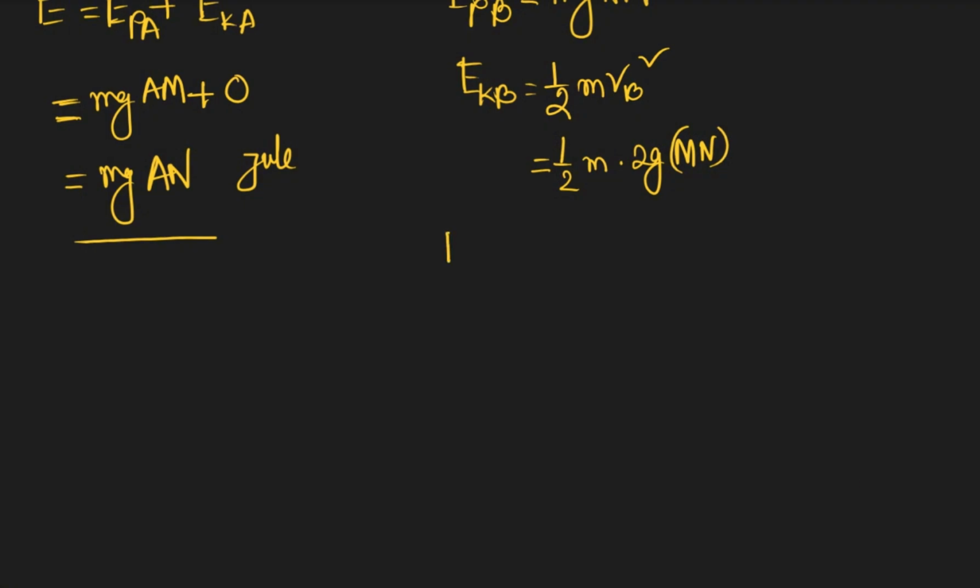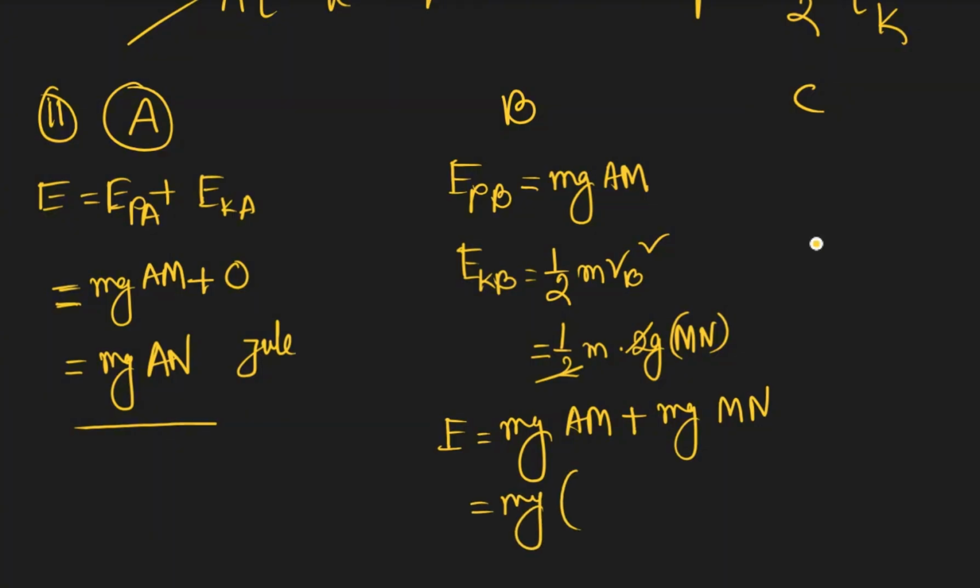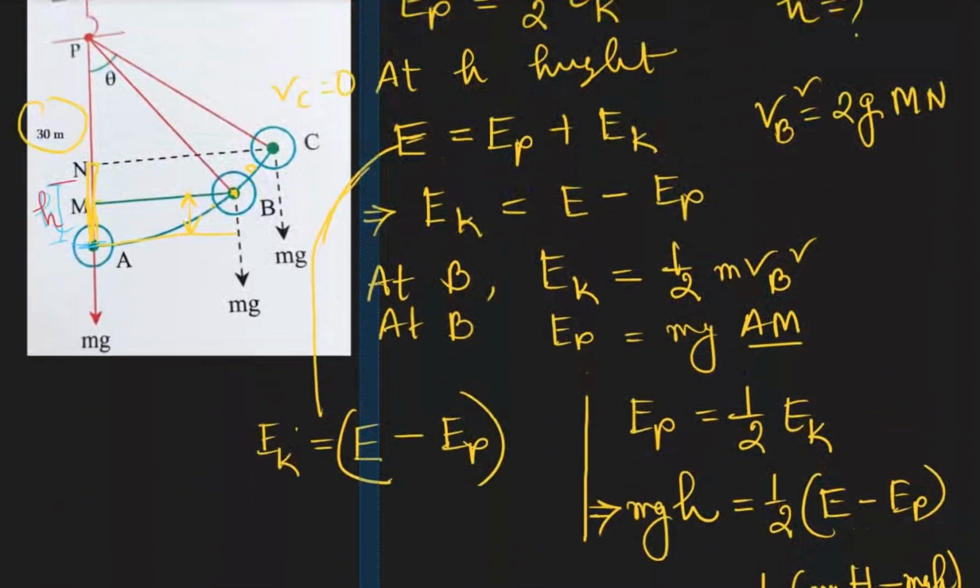Now the total energy at B point is, here we can do one thing, 2 cancels out. So here mg AM plus mg MN. So AM plus MN.